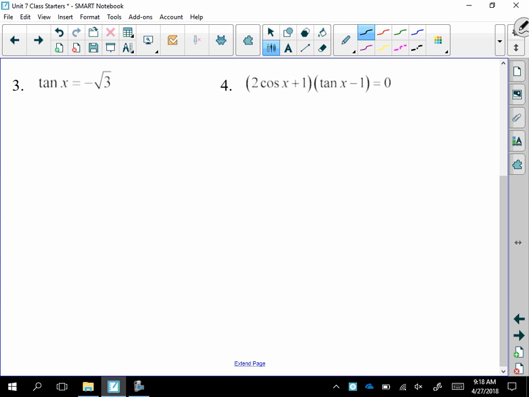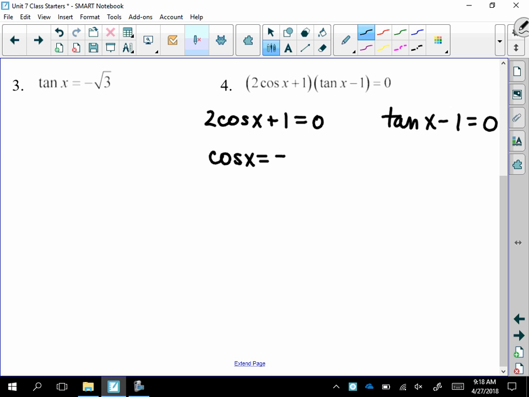And what we know when we have something in factored form equal to 0, then that means that either 2 cosine of x plus 1 needs to equal 0, or tangent of x minus 1 needs to equal 0. Which would tell me that I would need cosine of x to equal -1/2, and or tangent to equal +1.